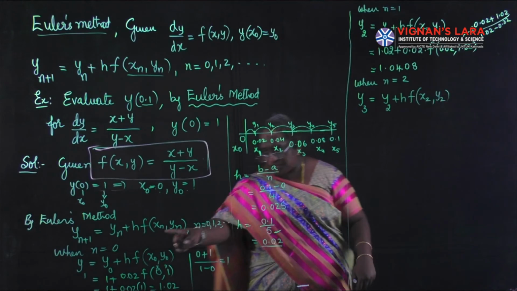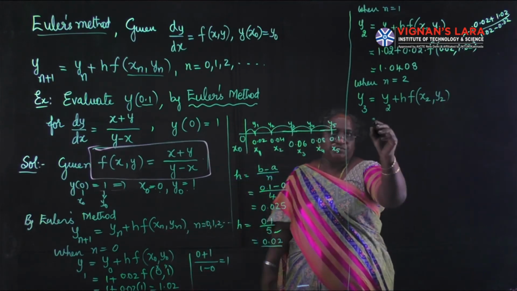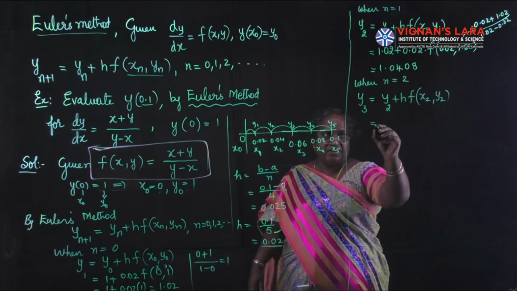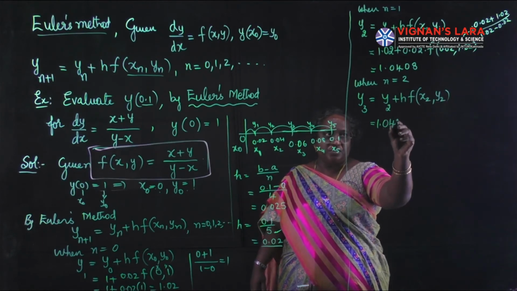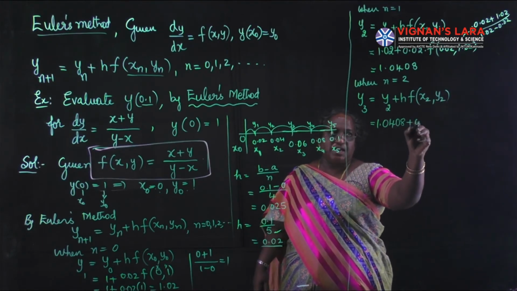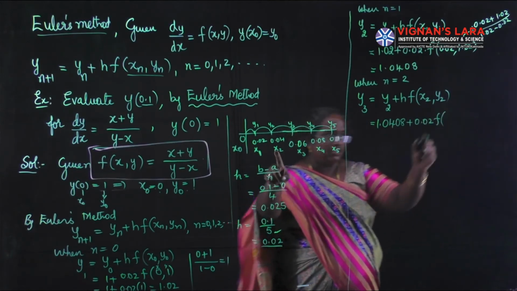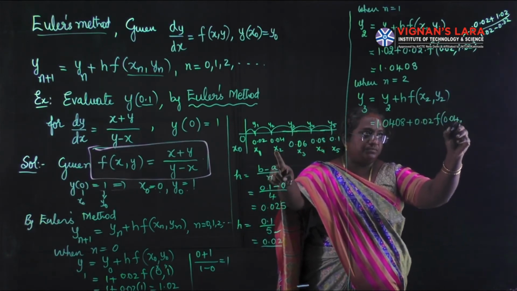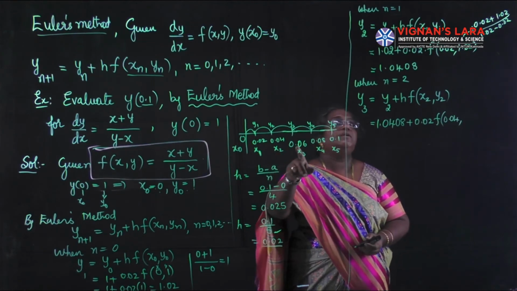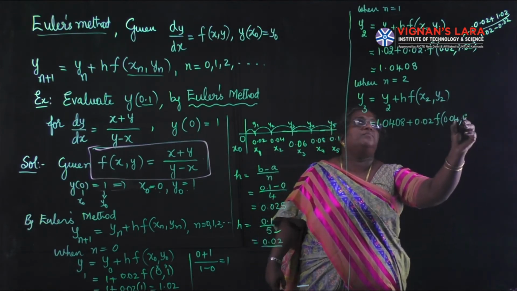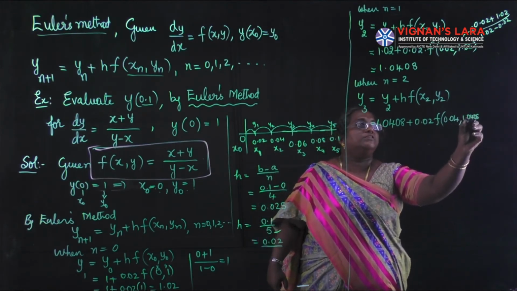When n is 2, x2 comma y2. So what is our y2? Just now we got 1.0408, plus h is 0.02, into f of x2. x2 is 0.04. What is our y2? We got just now 1.0408.